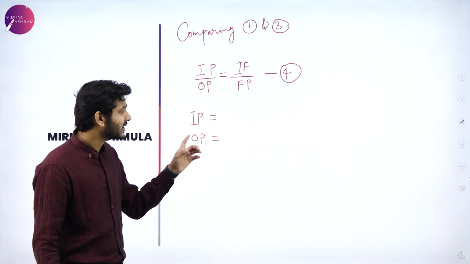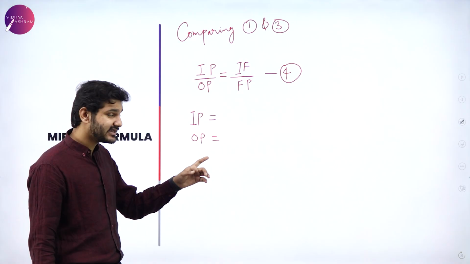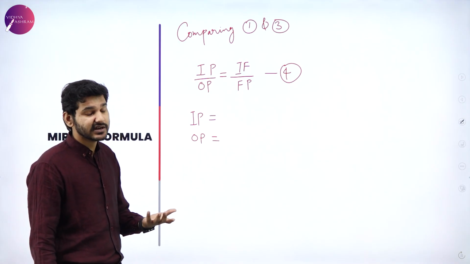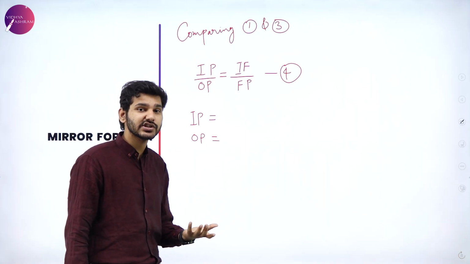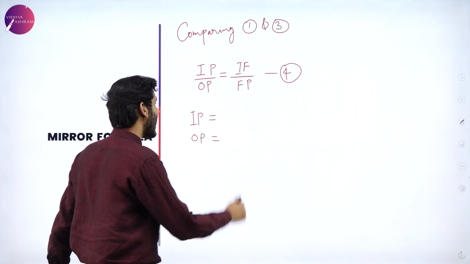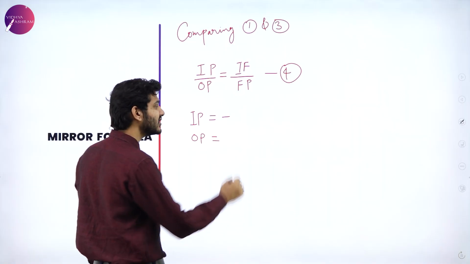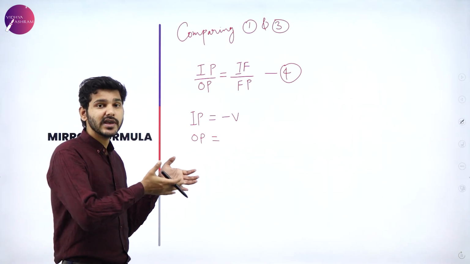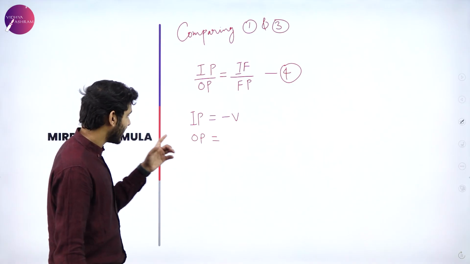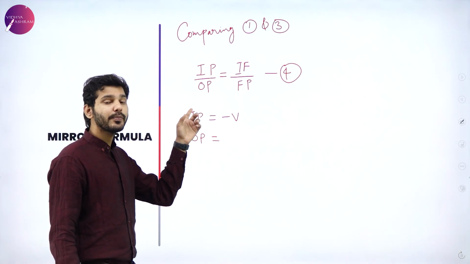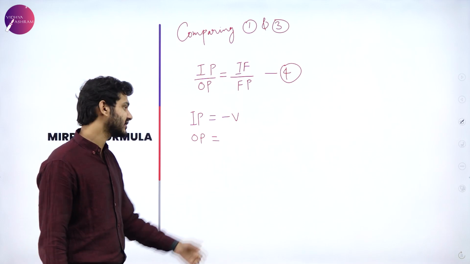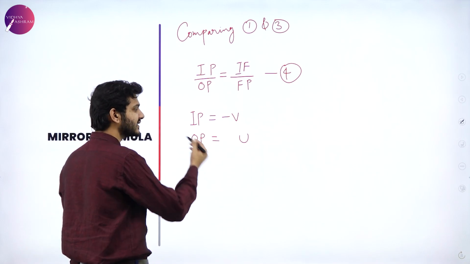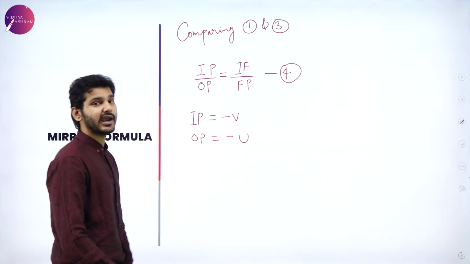IP is nothing but the image distance, and since the image is on the left hand side, we use the sign convention, that is the Cartesian sign convention. So we take negative and we indicate that particular image distance as V. For object we use U and for image we use V. OP is nothing but the object distance which is indicated by U. Since that is also on the left hand side, we have to put a negative sign.